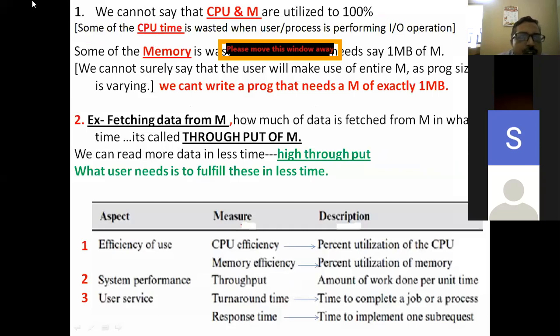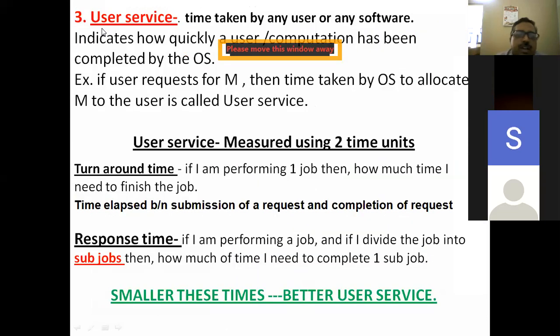And the second one is user service. This user service can be defined as the amount of time taken by any user or by any software. User service indicates how quickly a user computation has been completed by the OS.